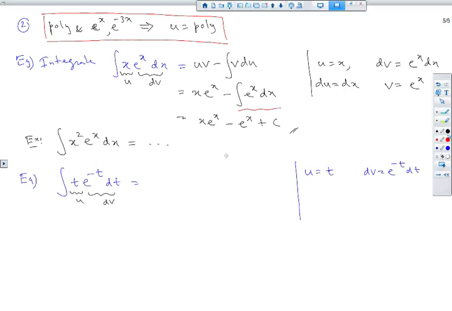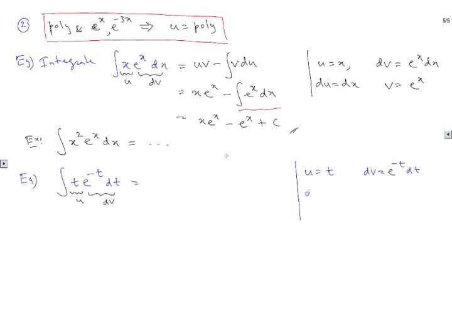Then for the first one we take the derivative, so du equals dt. And then here we take the integral, we're going to get v equals, it is k equal to -1, so it is negative e^(-t). So we have everything we need. Let's plug in. It's uv minus the integral of v du.